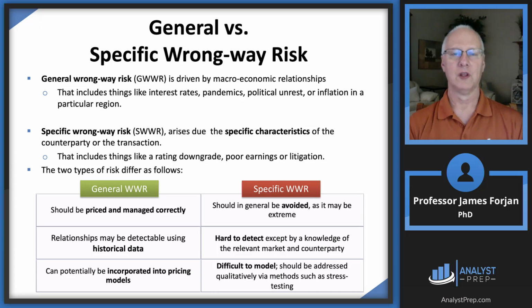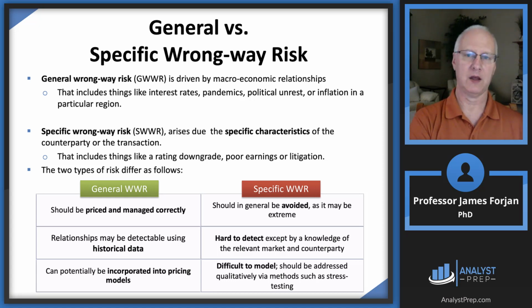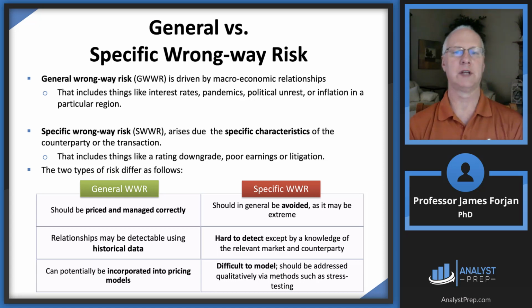Of course, there are probably established relationships between and among historical economic data and the level of counterparty risk. Now, of course, in 2020, we're learning that we don't have any idea what the relationship between a pandemic and the economy is, or it might be.